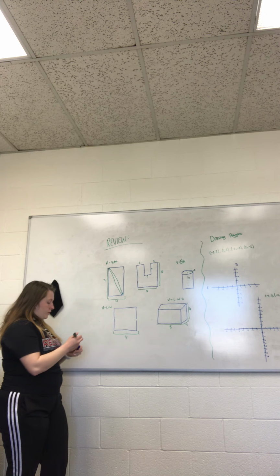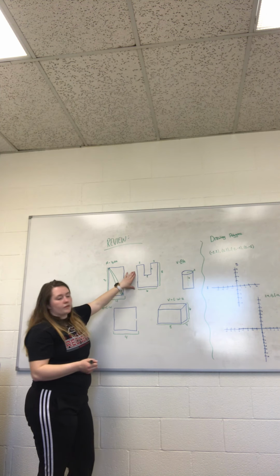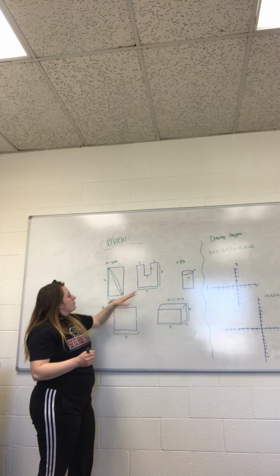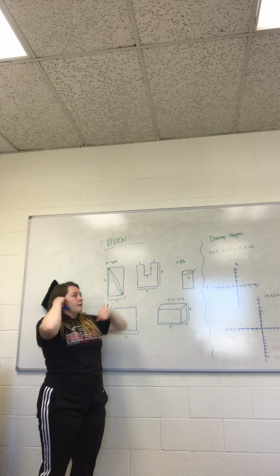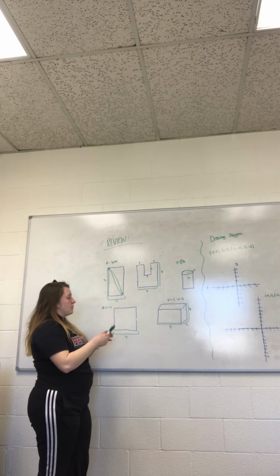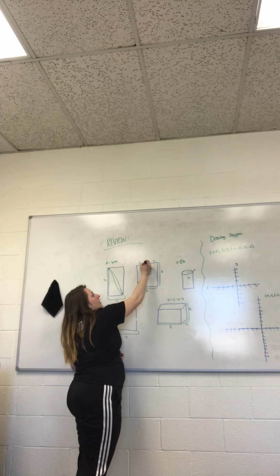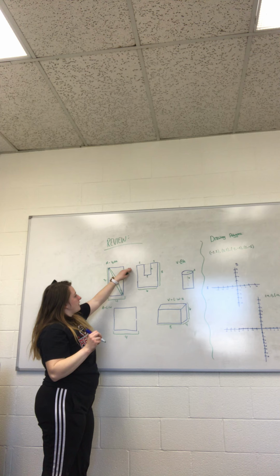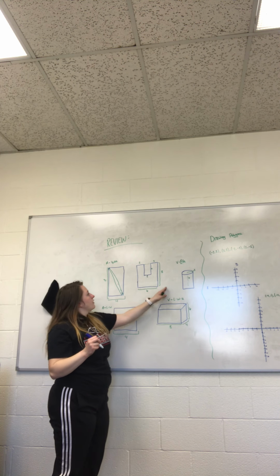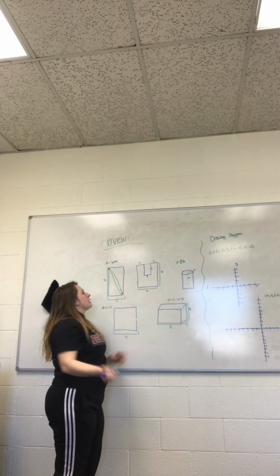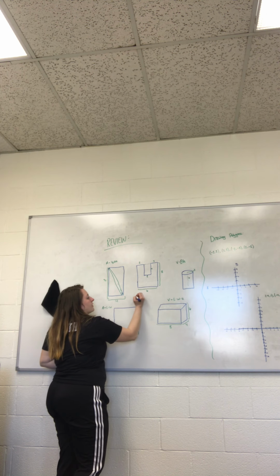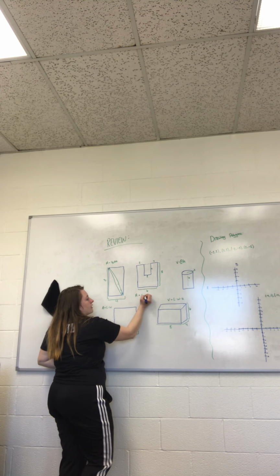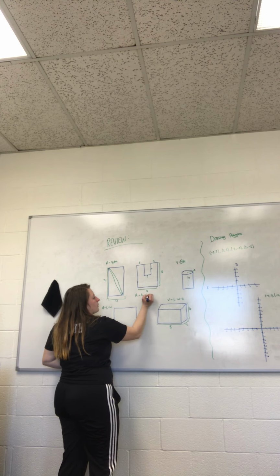Oh, I have this one right here quick. Do you guys remember figuring this one out, how we figured this area out? We can compose this by drawing an imaginary line, find the area of this rectangle, which is length times width. So we have A equals length times width.